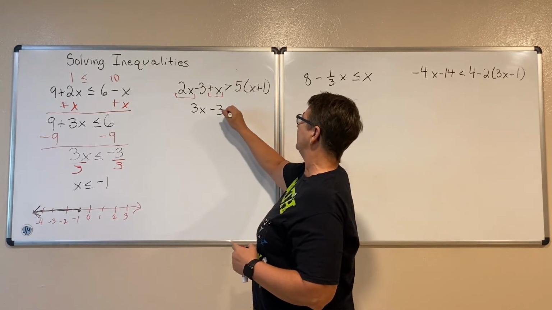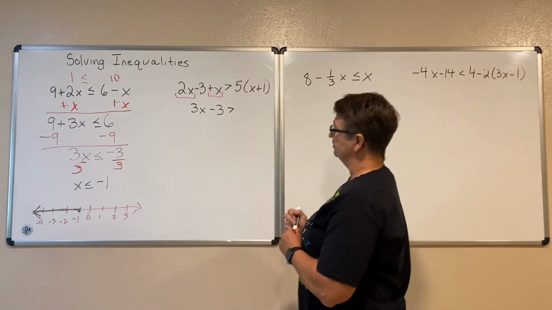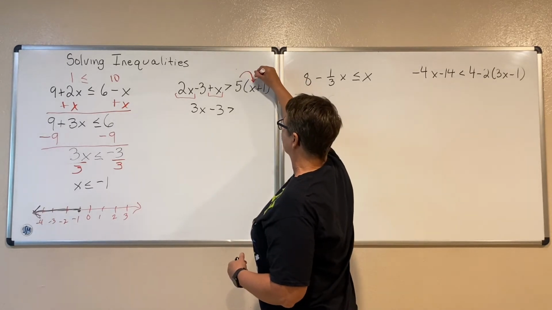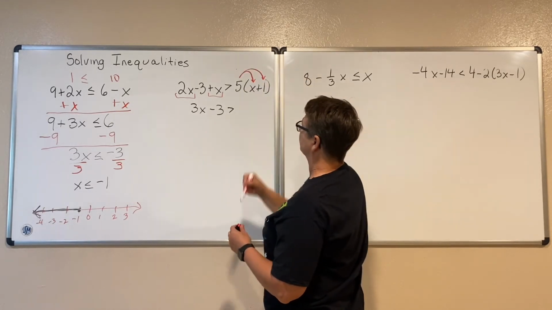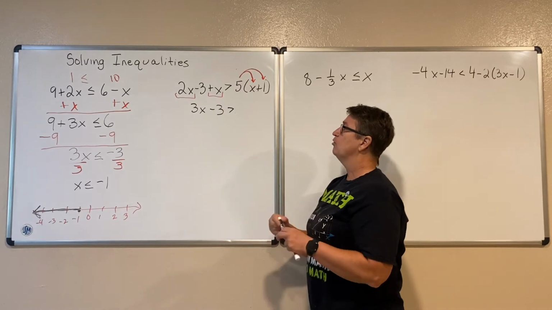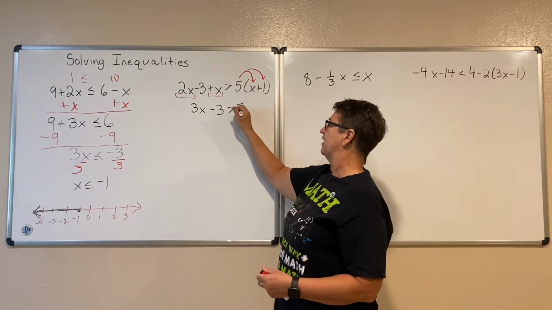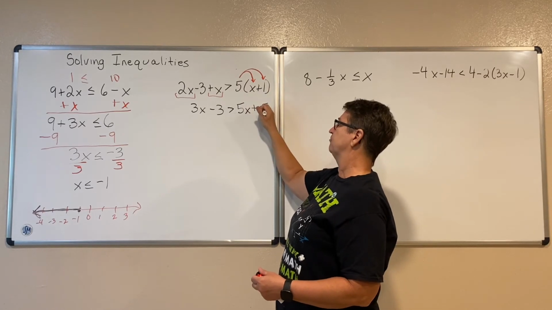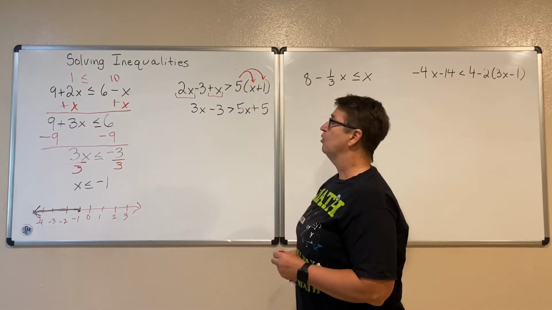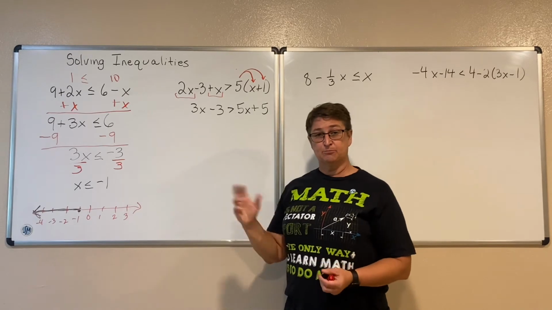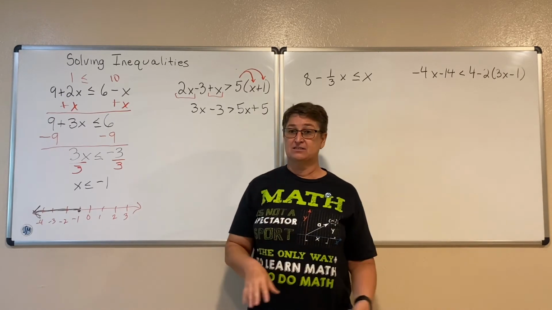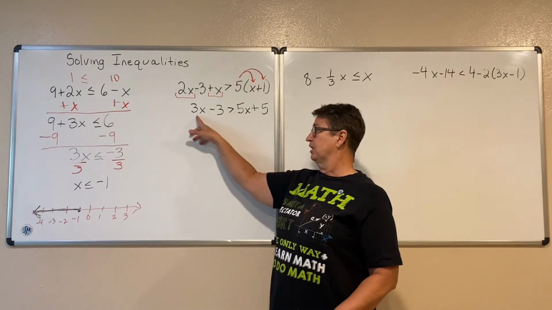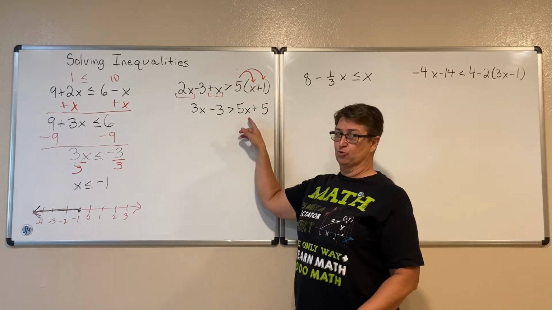Then on the right, I can distribute this 5 so that I have 5 times x and 5 times 1. Well, 5 times x is 5x, and 5 times 1 is 5. Once I have each side simplified, then I want my x's on the same side. I can put my x's on the left, or I can put my x's on the right.